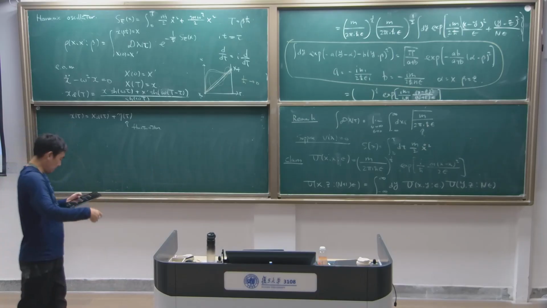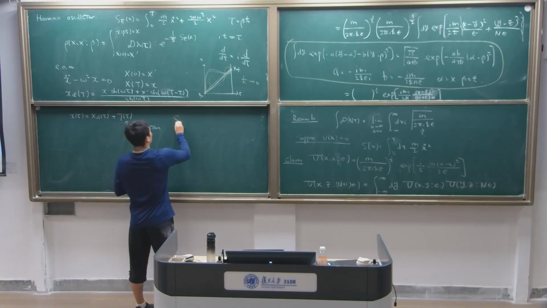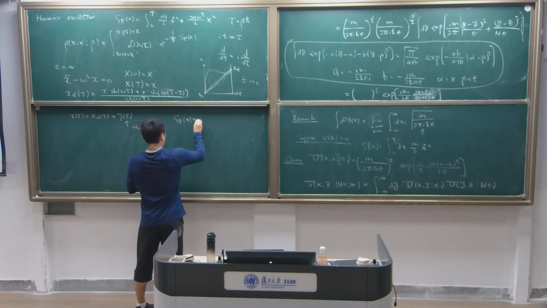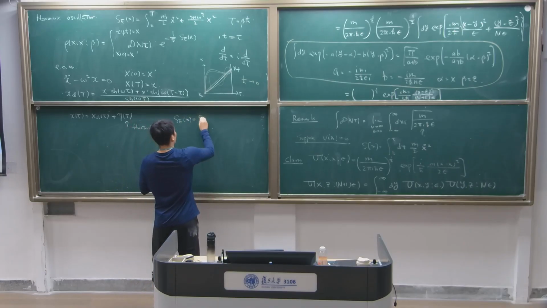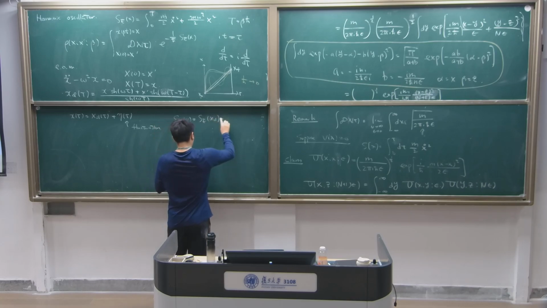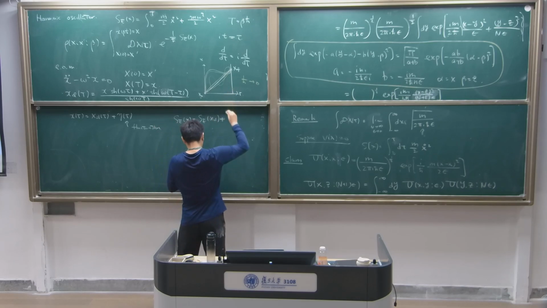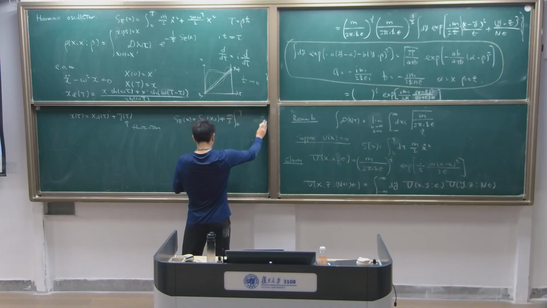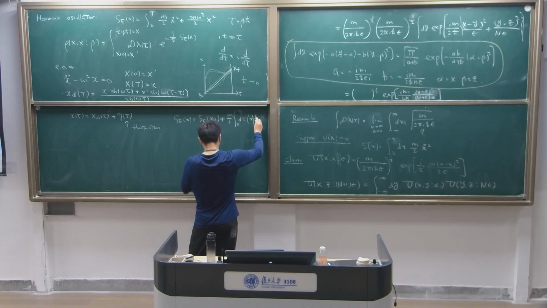Plug that into here, so S_E of x is equal to S_E of x classical plus the integral of m over 2 times a dot squared plus omega squared a squared.